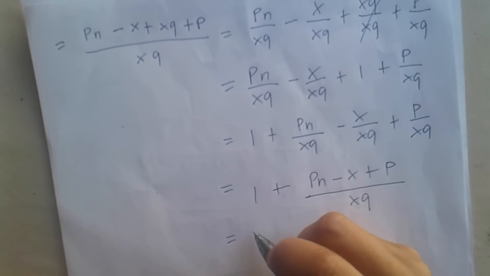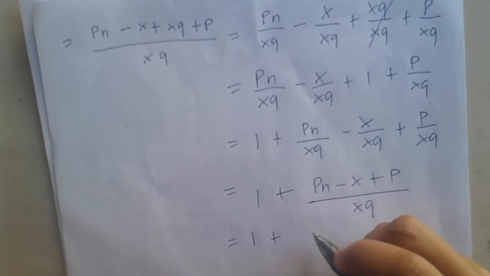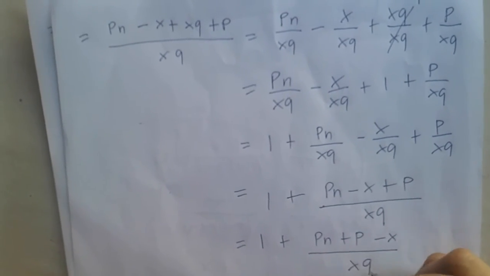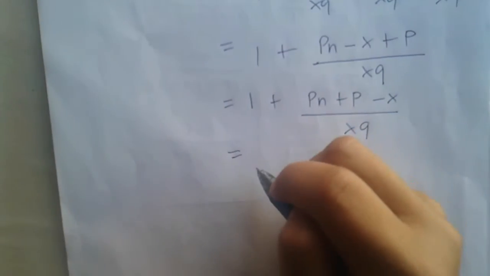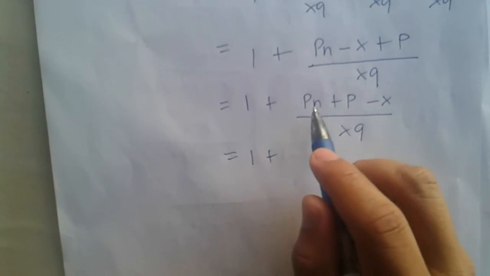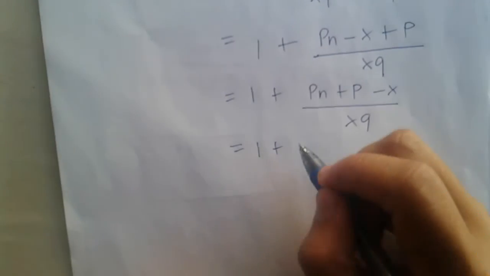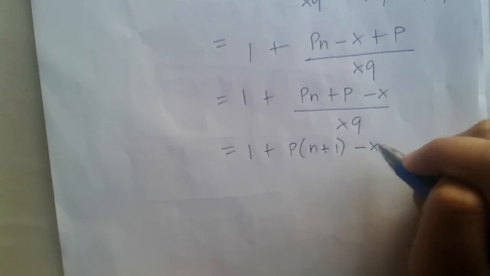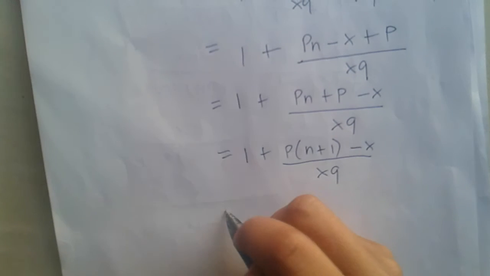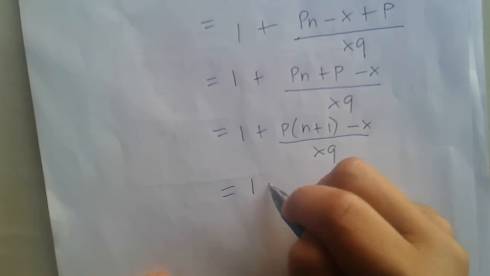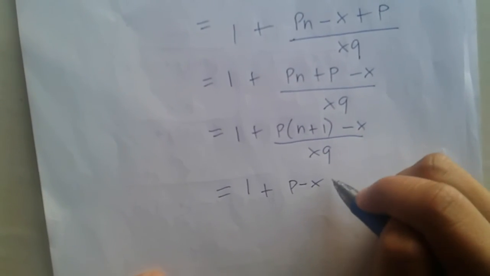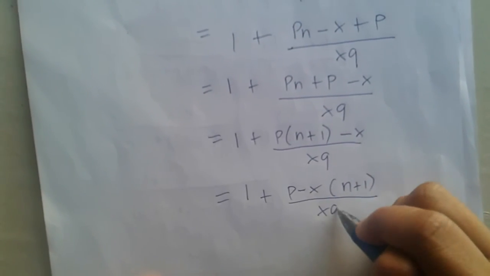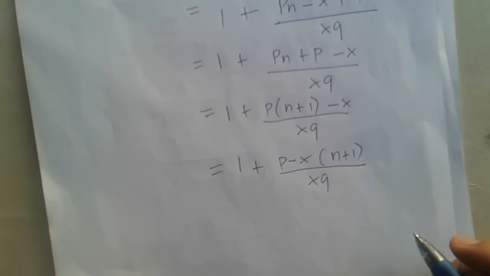So we have now, combining like terms, 1 plus pn plus p minus x over xq, which is equal to 1 plus, factoring out, pn plus p. So we have p times the quantity n plus 1 minus x over xq. So we have the final answer: 1 plus (p(n+1) minus x) over xq. So that's the end of theorem 4.